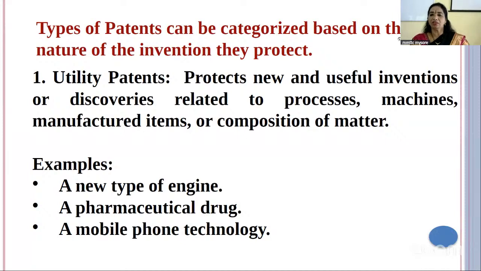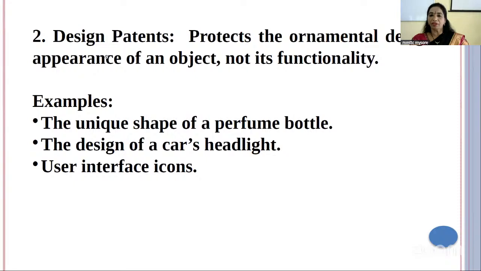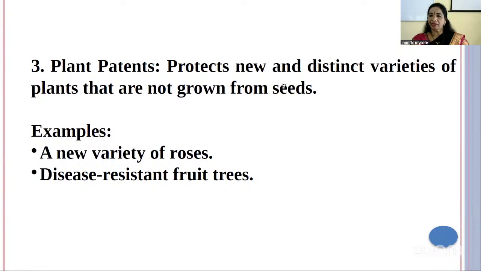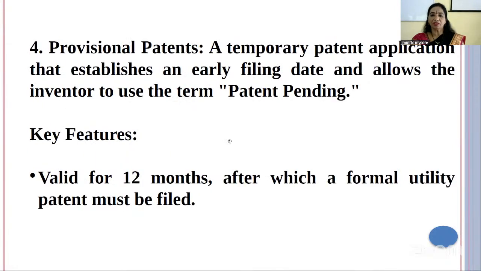That protects the ornamental design or appearance of an object, and not its functionality, just appearance. The unique shape of a perfume bottle, design of a car's headlight, user interface icons, all those things. Plant patents protect new and distinct varieties of plants that are not grown from seeds. For example, new varieties of roses, disease resistant fruit trees. All these things come under that.